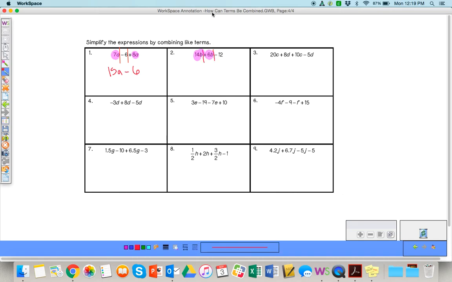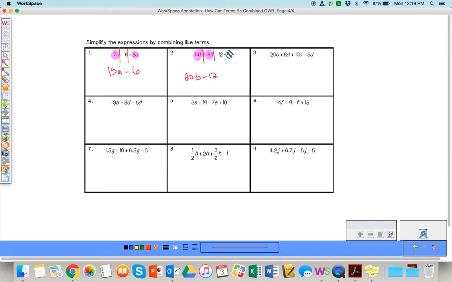So 14b plus 6b is 20b. Okay, we have a -12, so I'm just going to write -12. Okay, I use whatever sign it has, that's the operation I use. So if it's -12, when I put it back into my problem, I write -12.